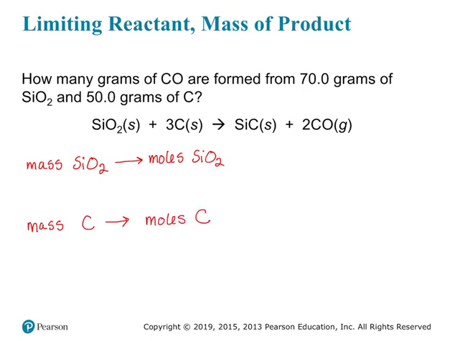So we're going to need the molar mass of silicon dioxide as well as the molar mass of carbon. And then in the next step for each process, we're going to figure out the moles of the product, so carbon monoxide.